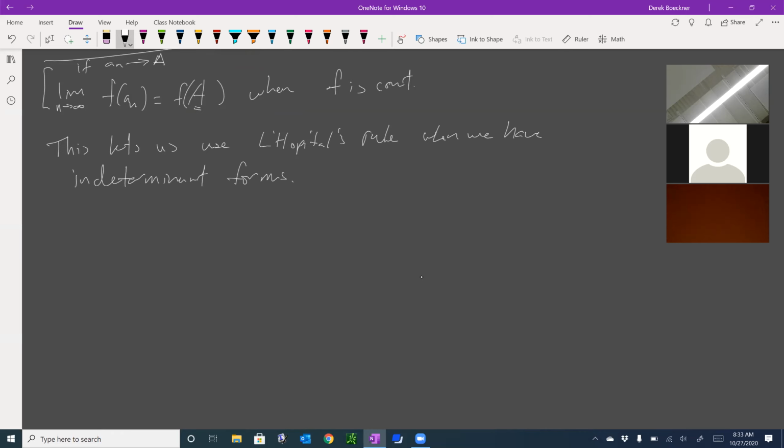So the indeterminate forms. Well, we already know 0 over 0. That's just straight up use of L'Hôpital's rule.